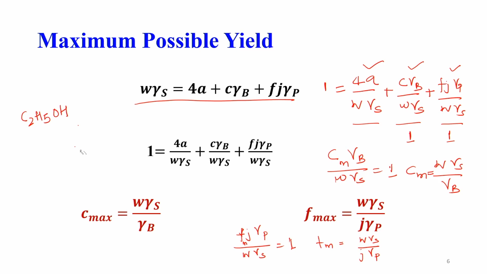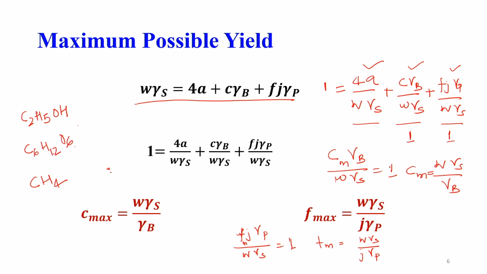Another example is glucose, C6H12O6, and one more compound, let us take methane, CH4. Let us calculate the degree of reduction for all 3 compounds.